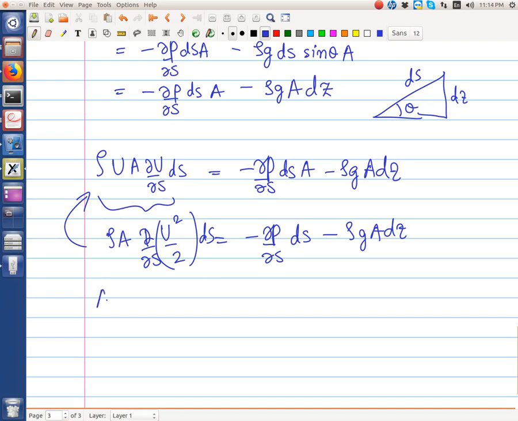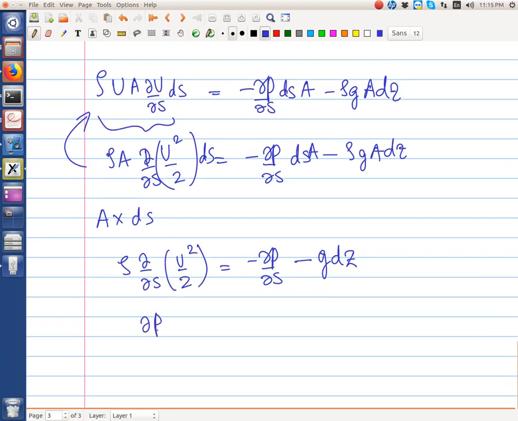So let's divide everything by A times ds. So we have rho del S U square by 2 is equal to minus del P del S minus rho g dz, which gives del P del S plus rho del S U square by 2 plus rho g dz equal to 0.